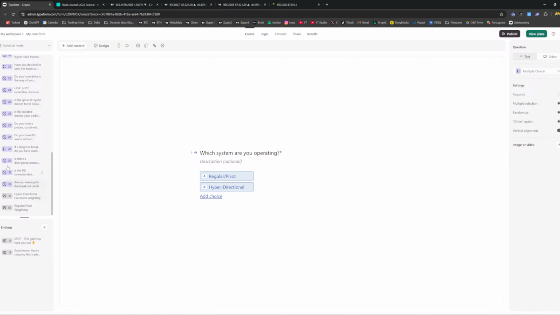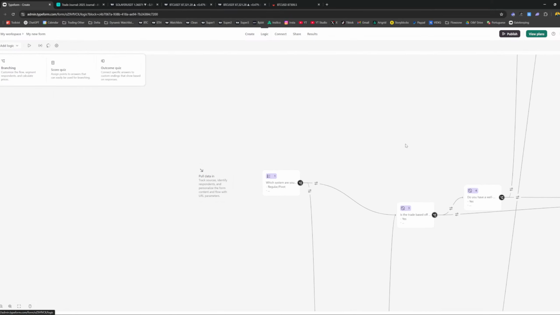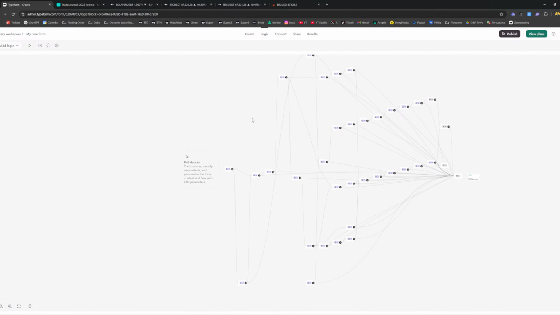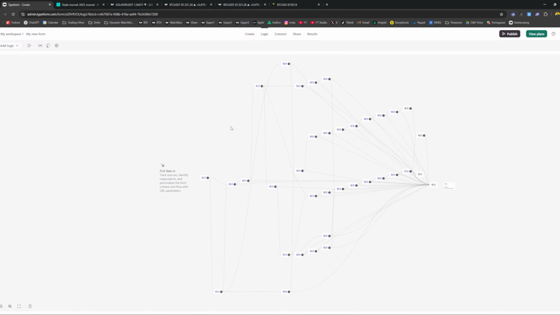Once you create all of these, you can map it out like this. As messy as it looks, this is my system, the one I just ran through with you in a completely different visual format. It looks very messy, but it doesn't matter once you get into the exercise.